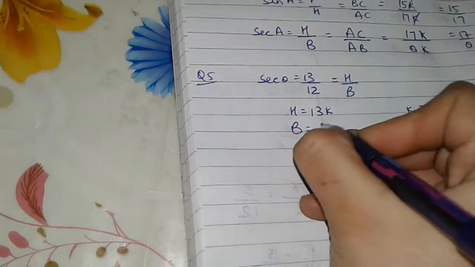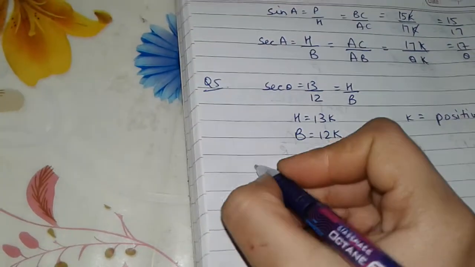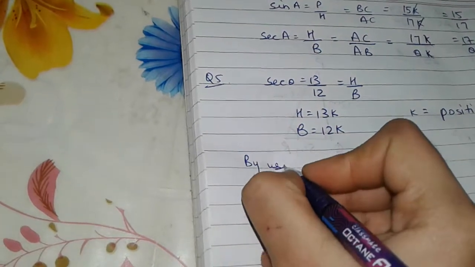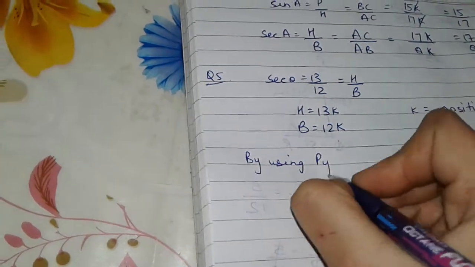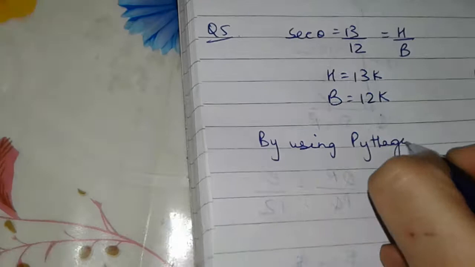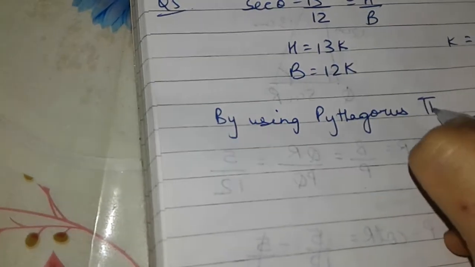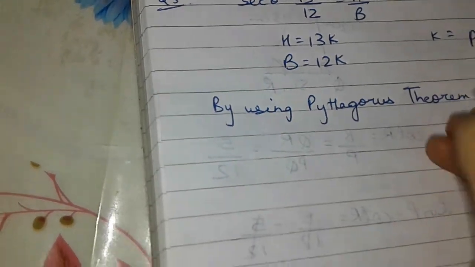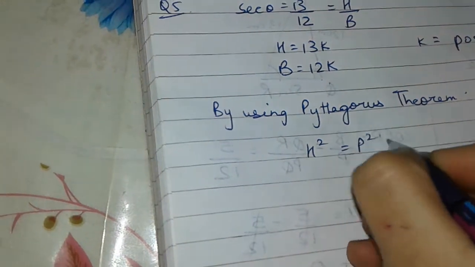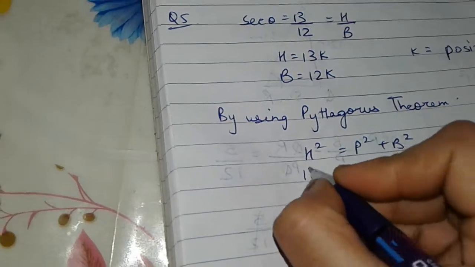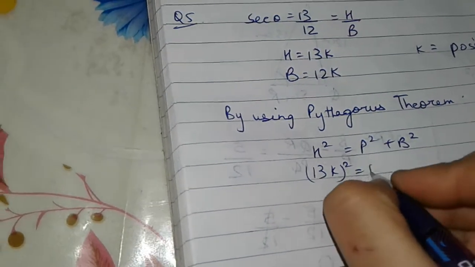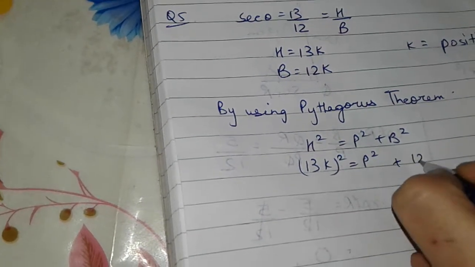And base is 12k. By using Pythagoras theorem, we will calculate perpendicular.